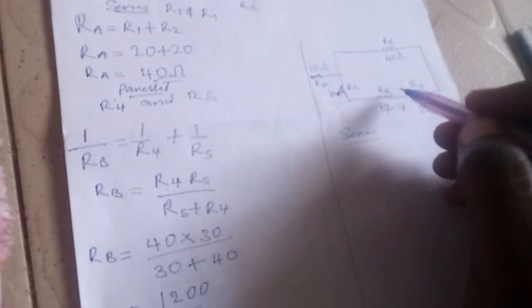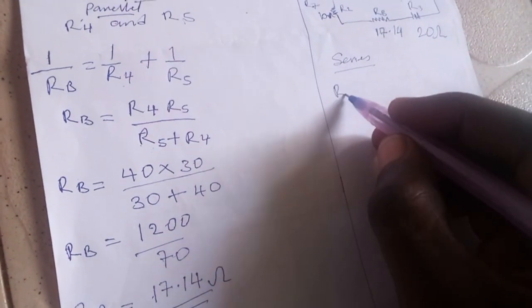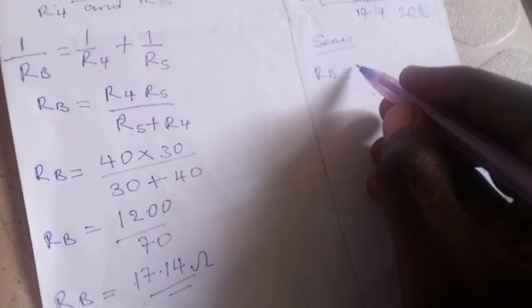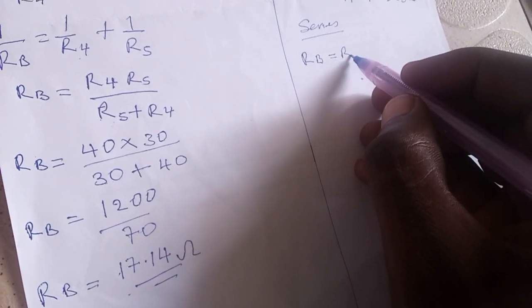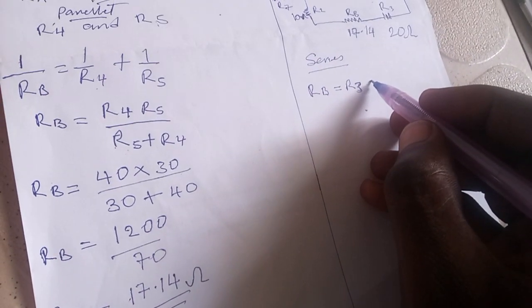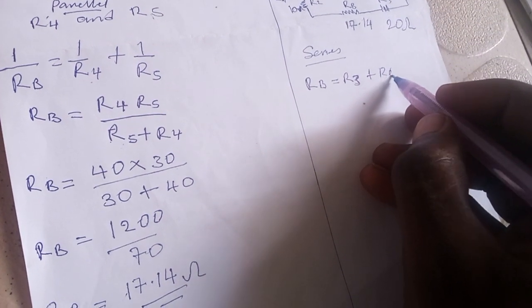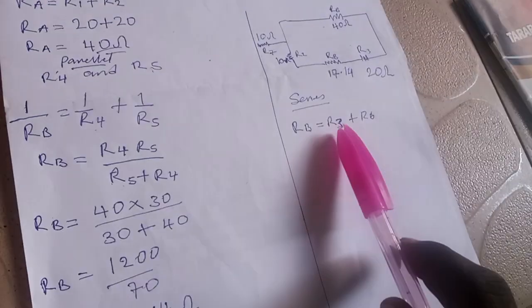Since this place is our RB and this one is our RB, you're going to come here now and say your RB will be equal to R3 plus R6. So make sure you know that you already have your RB, which is this one. You have your R3, which is this one.